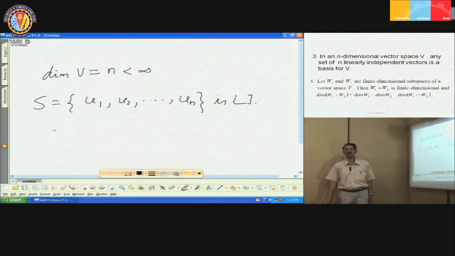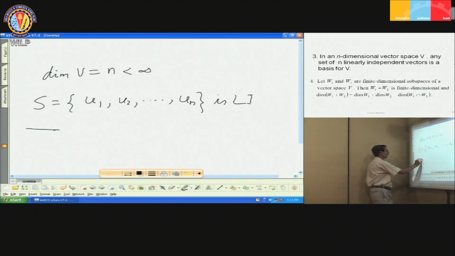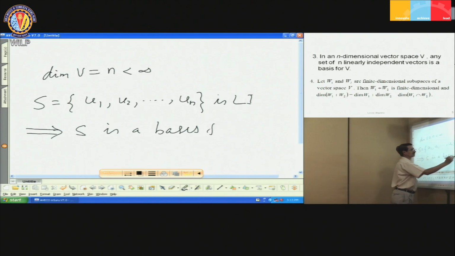Then the dimension of V is n and n is finite, S contains n vectors and the set S is linearly independent, and it will imply that S is a basis for the vector space V.